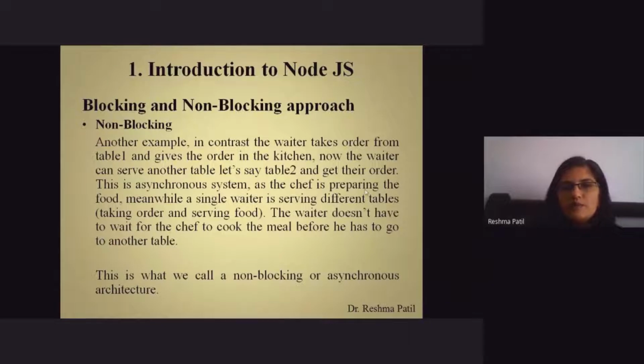As the chef is preparing the food, meanwhile a single waiter is serving different tables. The waiter doesn't have to wait for the chef to cook the meal before he goes to another table. So this is a non-blocking approach. This is what we call non-blocking or asynchronous architecture.